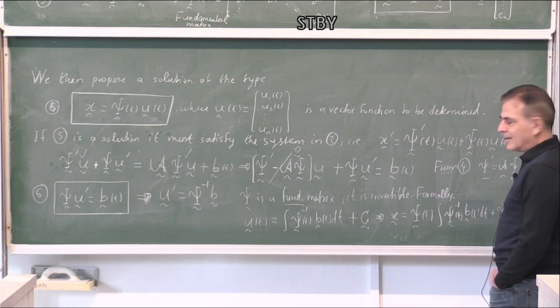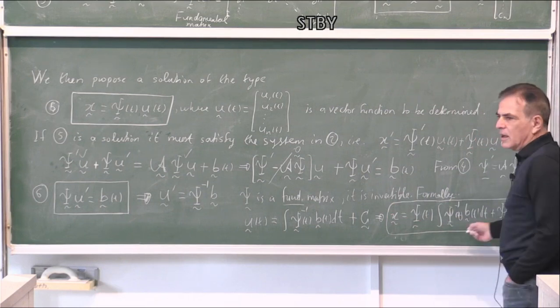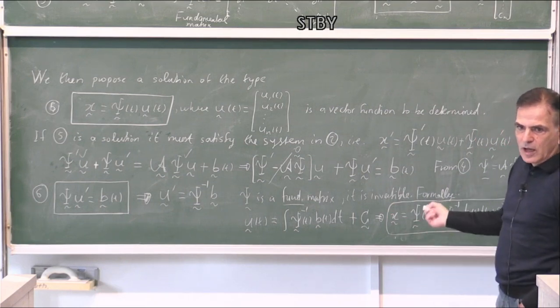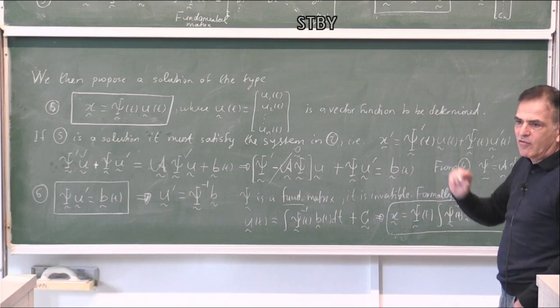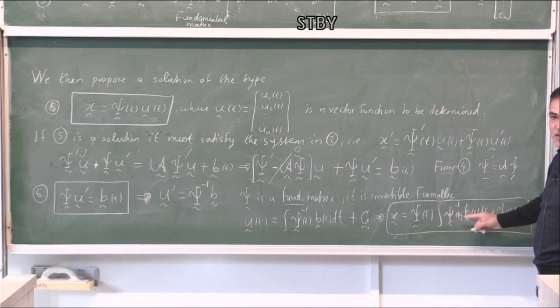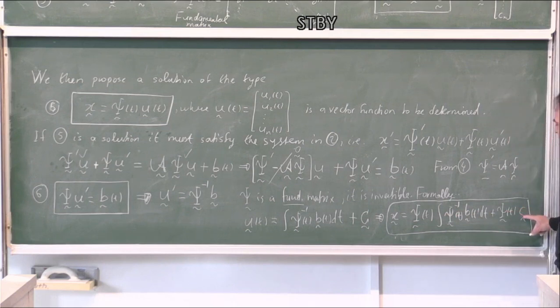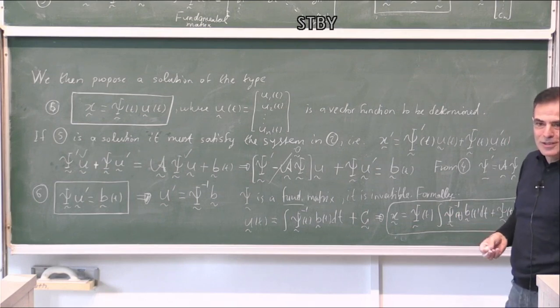Good? So formally, the solution looks like that. This is a very well-known formula which has been derived previously. Now, the interpretation of this vector function is important. Psi c, what is that? It is the homogeneous solution.